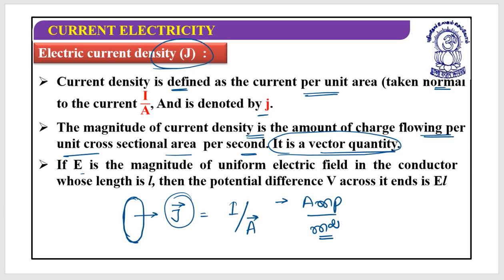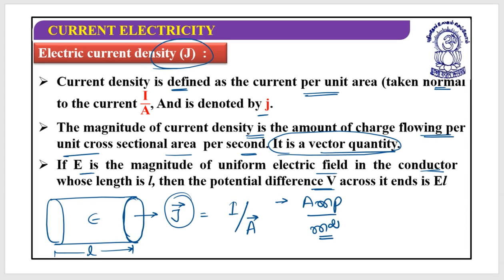Now if E is the magnitude of the uniform electric field in the conductor, and the conductor has length L, it looks something like this: this is the conductor, having length L, and an electric field is applied.